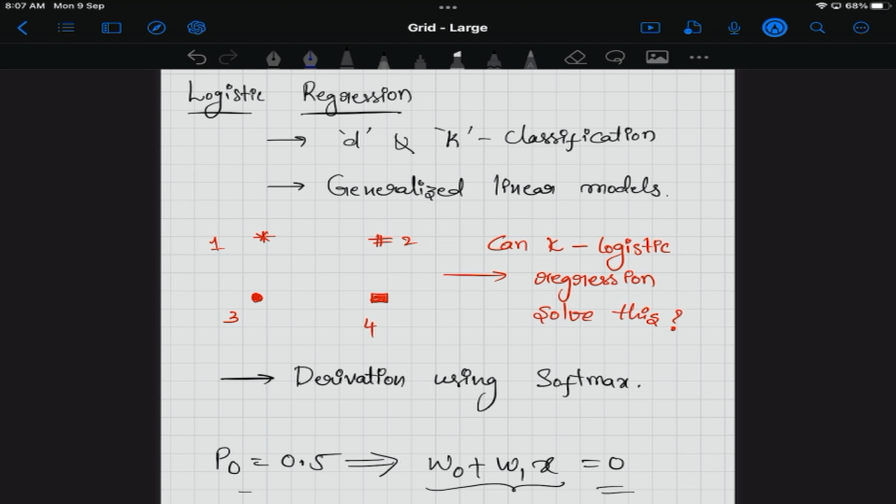Ideally, what kind of decision boundary do you expect? Maybe this kind of decision boundary should work, right? This is the ideal decision boundary which you need to solve this kind of data distribution. Now the question is, can my logistic regression give this kind of decision boundary?